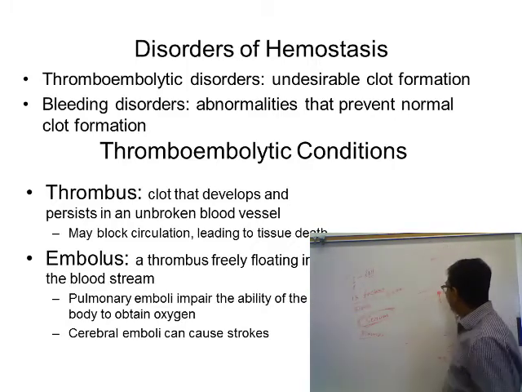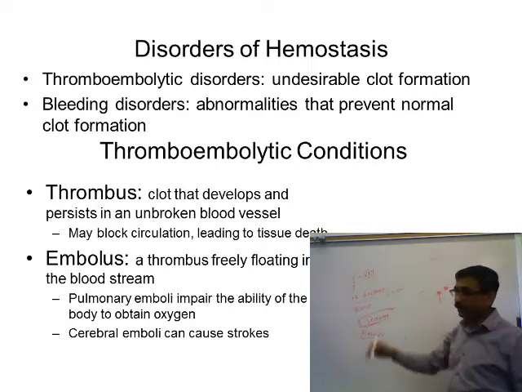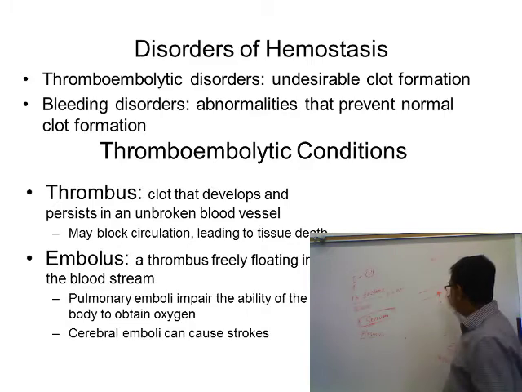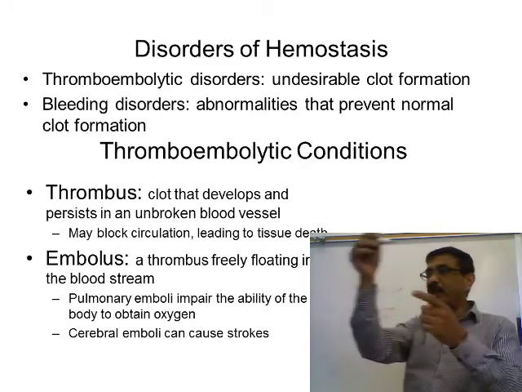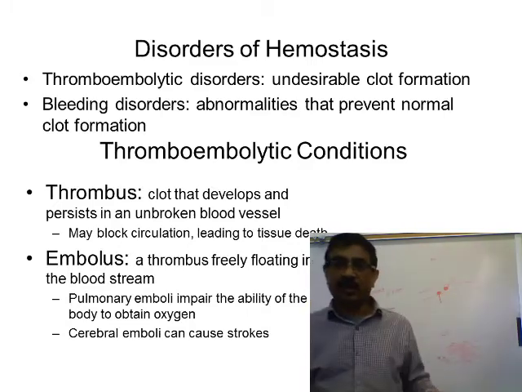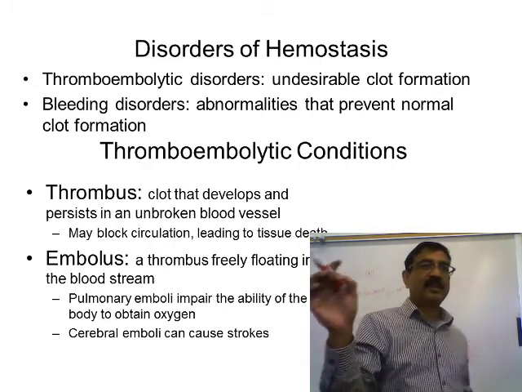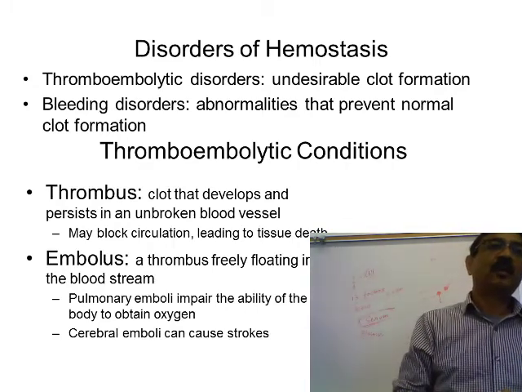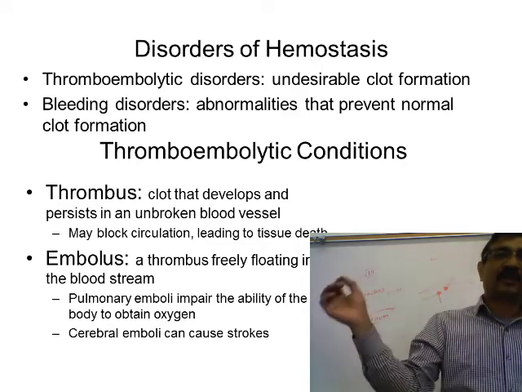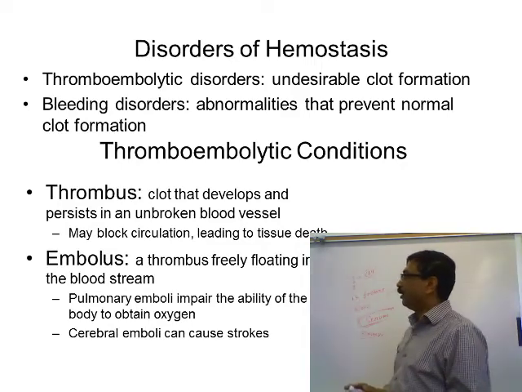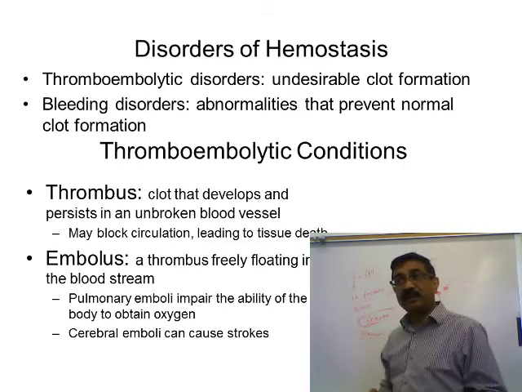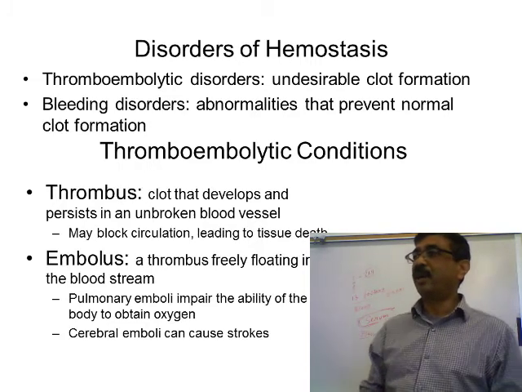Embolus, for example, due to the flow of blood, this clot got detached from there, and now this clot will start to circulate in the blood, right? So that is the embolus. So an embolus is a circulating clot, and a thrombus is attached to the wall. Anything that circulates in the blood can block a blood vessel anywhere.